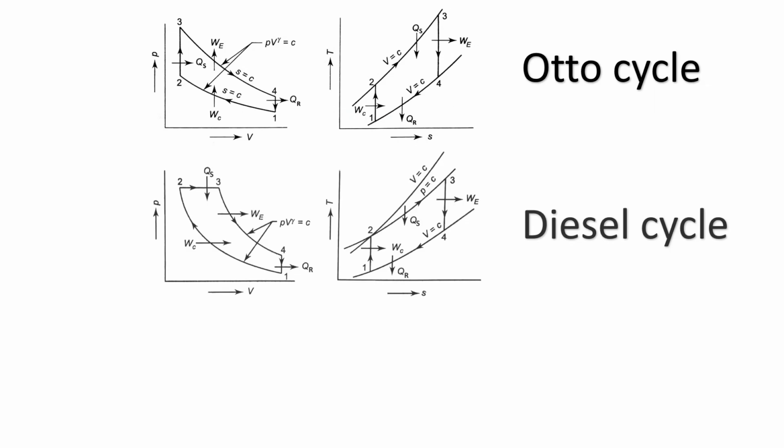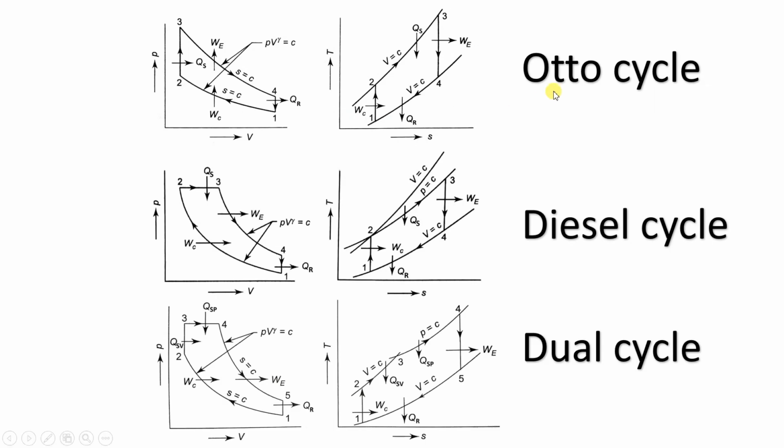Then case C, for that we had seen maximum pressure and temperature. Pressure is P3 and temperature is T3 in case of Otto cycle, and in case of diesel cycle, maximum pressure is P2, P2 equal to P3, and maximum temperature is T3. Now you should remember that this P2 and P3 are pressure before heat addition and pressure after heat addition, and this T3 is temperature after heat addition.